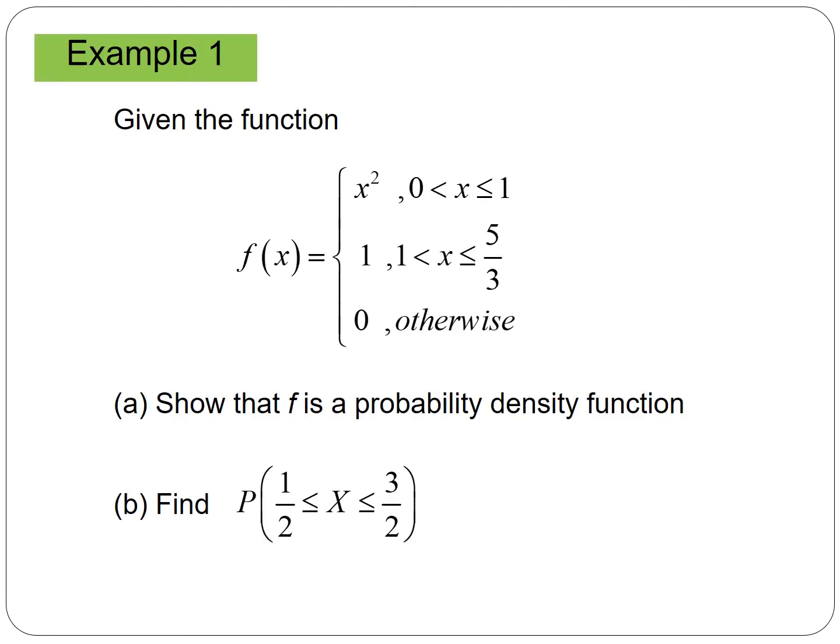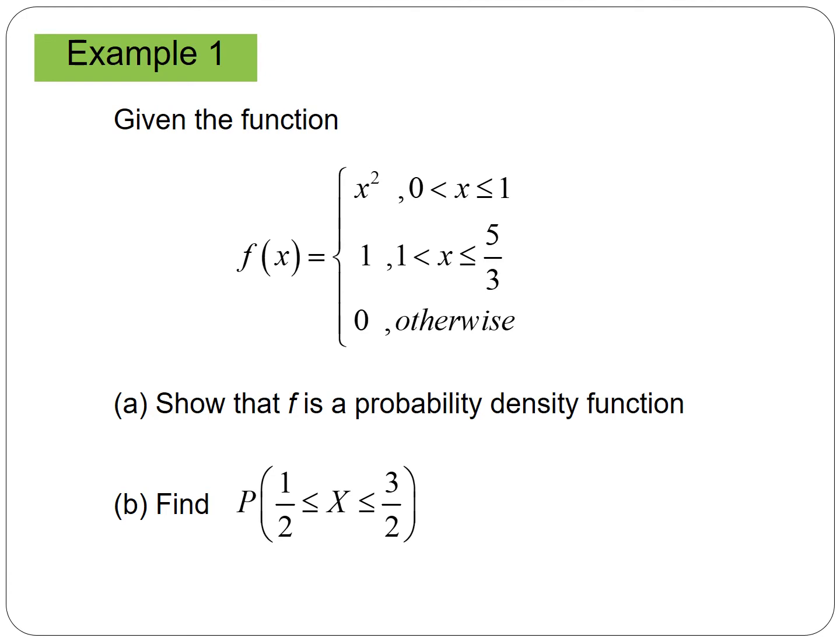Let's look at the first example. You're given the function, but the question does not state whether it is a continuous random variable or a discrete random variable. We look at the function. Notice that the values of x is given in an interval. For example, the first one, f of x equal x squared, the value of x lies between 0 to 1.